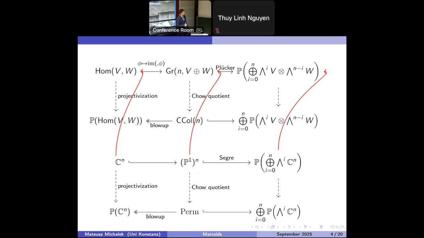So for example, a point (1,a1), (1,a2), (1,a3) will be mapped to the row span where the first part is identity and the second is the diagonal matrix a1, a2, a3, and so on. So if you compose this inclusion into the Grassmannian with the Plucker embedding, you exactly get the Segre embedding.